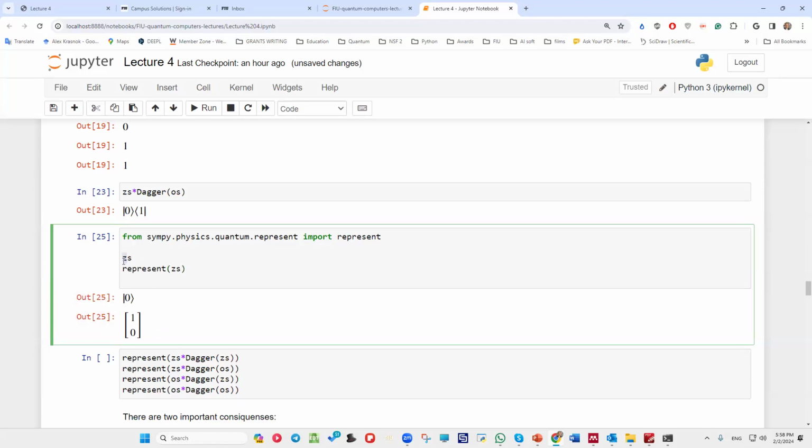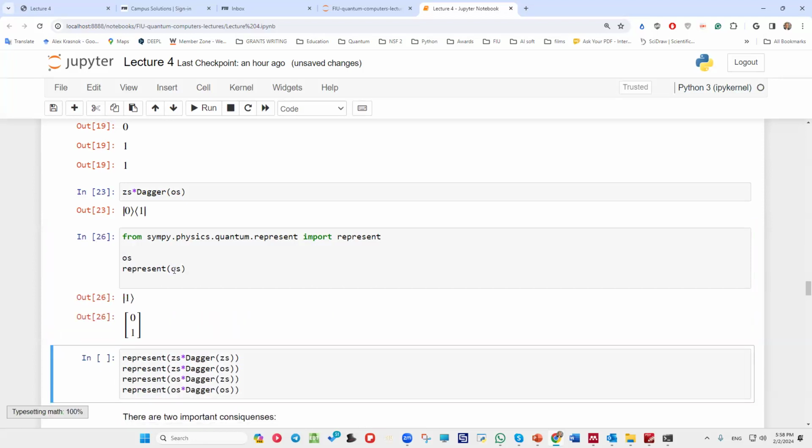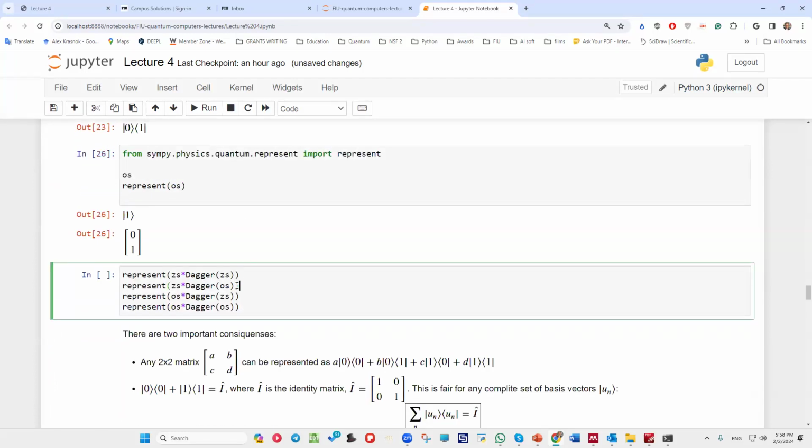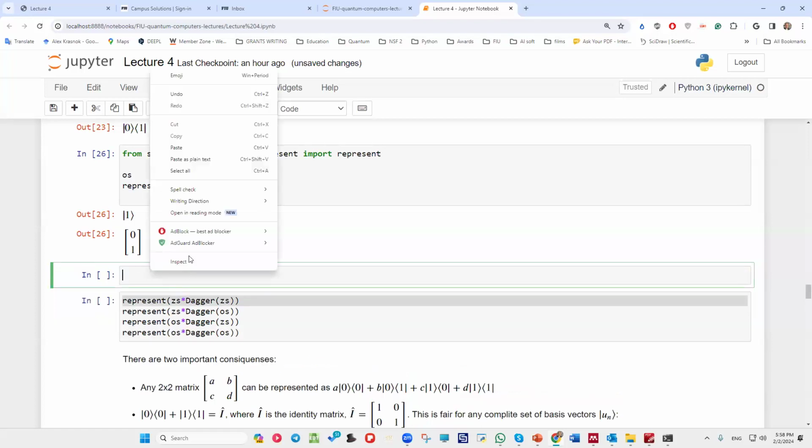And the same for this vector, the state 1 here. So using this operation, let me check what I'm doing here.